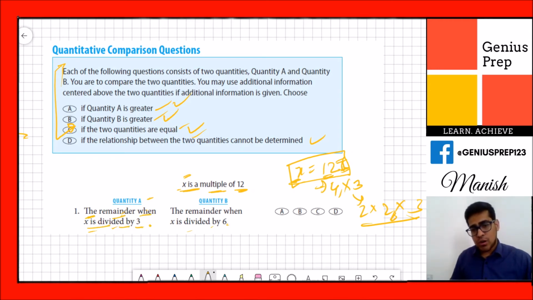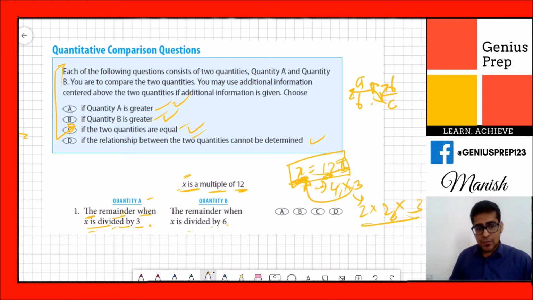What will be the remainder when x is divided by 3? You remember my very first concept, the very first question in this also: if b is a factor of a and c is a factor of b, then c will be a factor of a. So 12 is a factor of x and 3 is a factor of 12. So definitely 3 is also a factor of x.